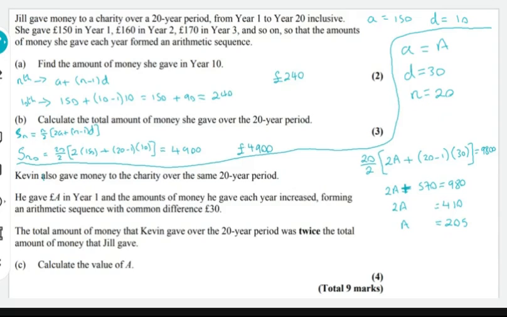So what I did is I got the formula, actually wait, yeah, I copied down the wrong formula. I got myself confused because we have the total value but we don't have the last value, and for some reason I thought we had the last value, so I used the equation n over 2, brackets, a plus l.